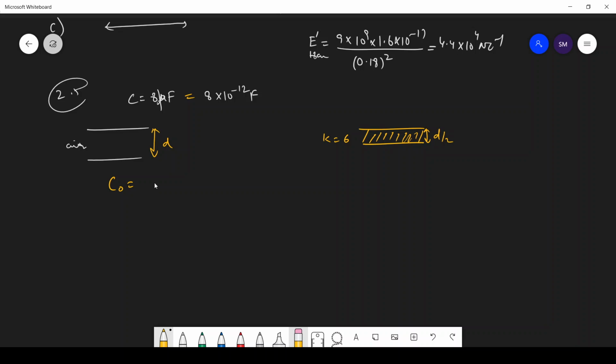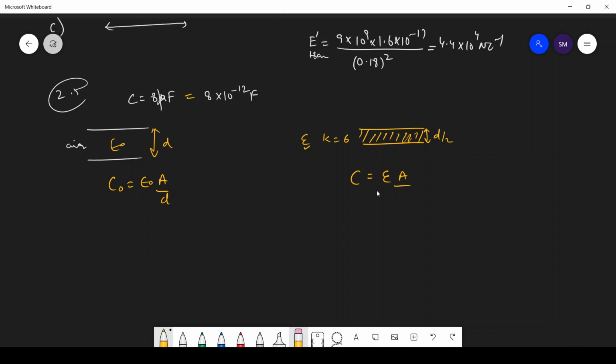C naught is equal to epsilon naught A by d. Here this was for the permittivity of free space, but here it is the permittivity for this dielectric. So remove the naught, naught is for air.